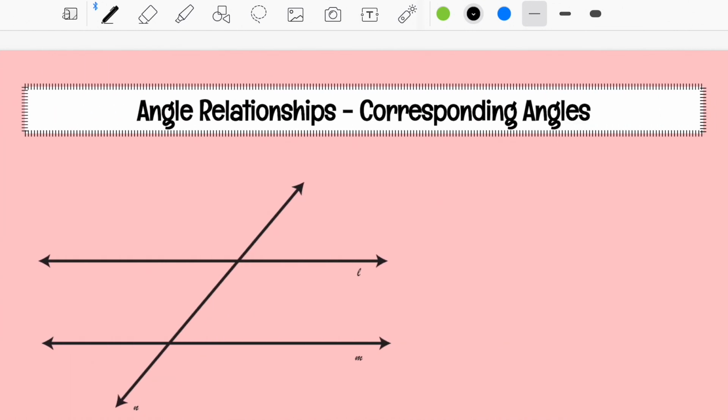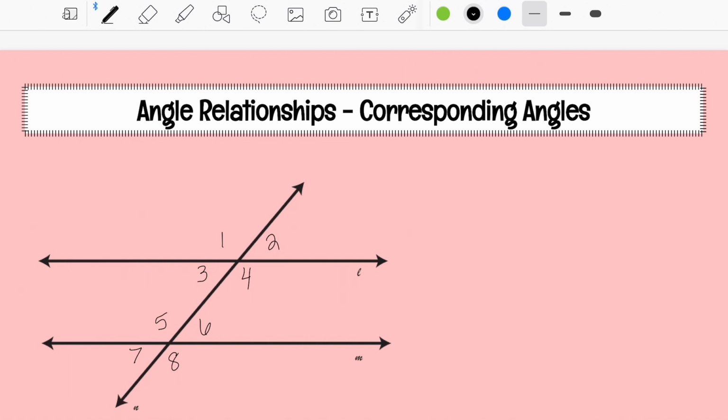The first one that we are going to look at is called corresponding angles. So what I want you to do is draw your 2 parallel lines cut by your transversal and label your angles 1, 2, 3, 4, 5, 6, 7, and 8 like so.